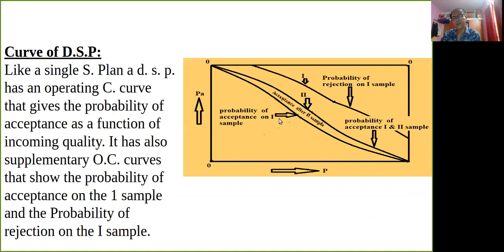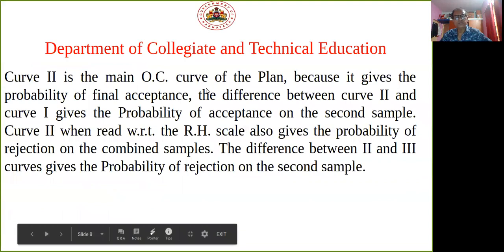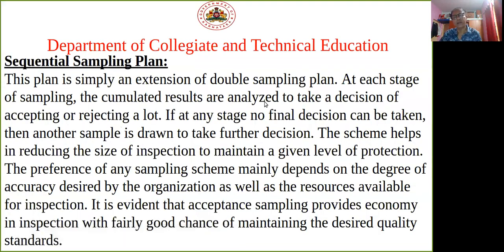Curve 2 is the main curve of the plan because it gives the probability of final acceptance. The difference between curve 2 and curve 1 gives the probability of acceptance on the second sample. So that is about the OC curve for the double sampling plan.